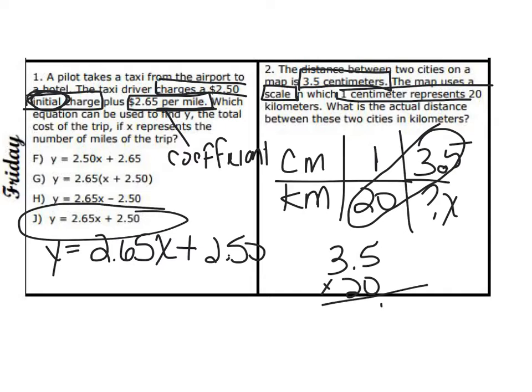So I know that's 0, and then 2 times 5 is 10, 2 times 3 is 6, plus 1 is 7. So then I have one decimal place. So does it make sense that 3.5 centimeters equals 70 kilometers? Yes, so it's going to be 70 kilometers between the cities.